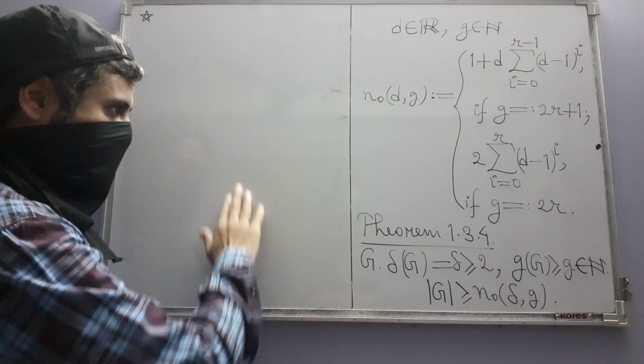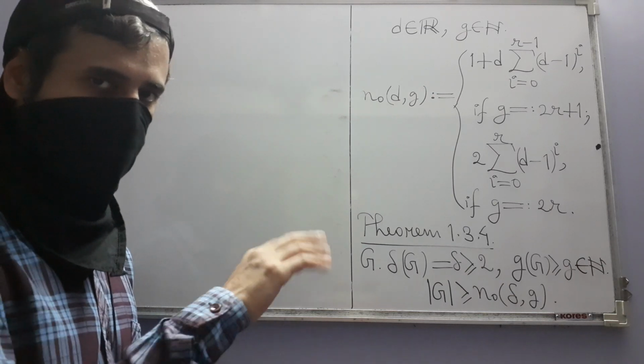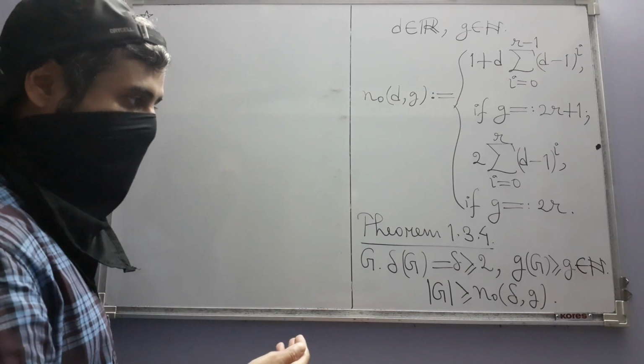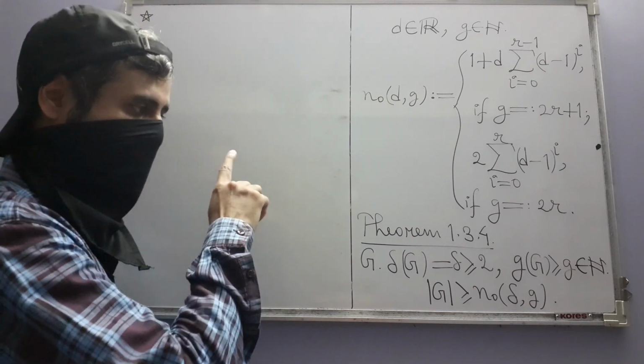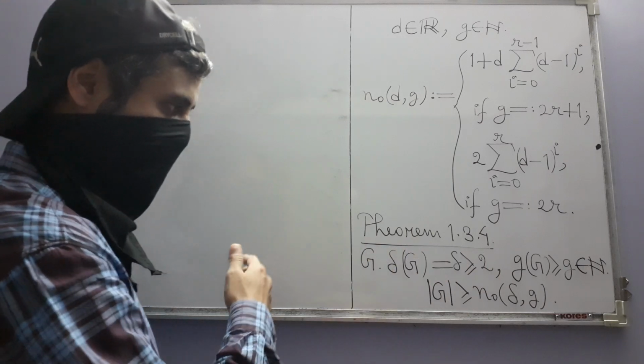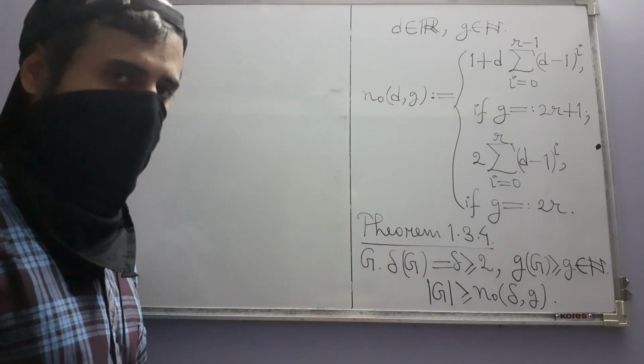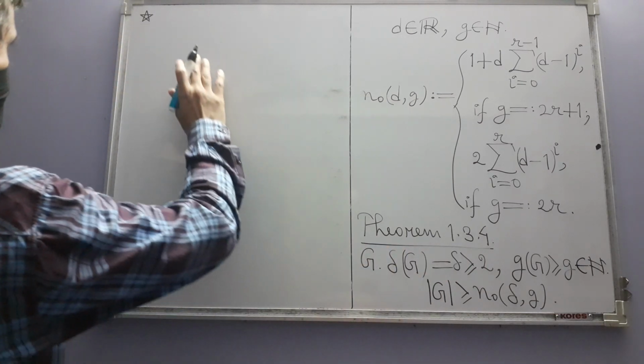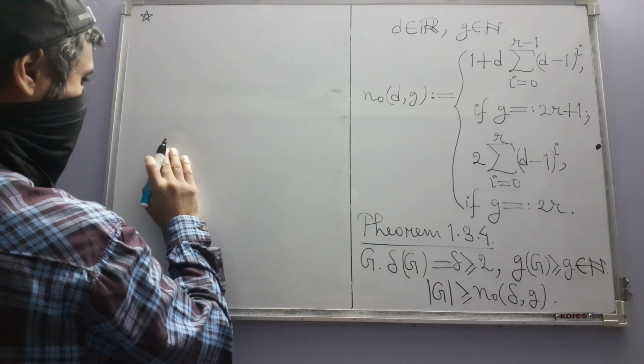So the ingredients will be similar and the approach will also be similar, but in the other direction. There we had an upper bound, so we had to do something. Here we will do something else, something similar but on the other side. So let's see what all these remarks mean.